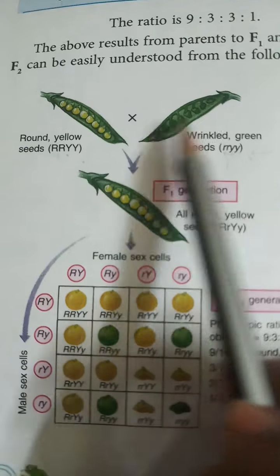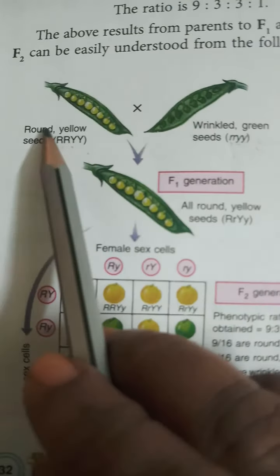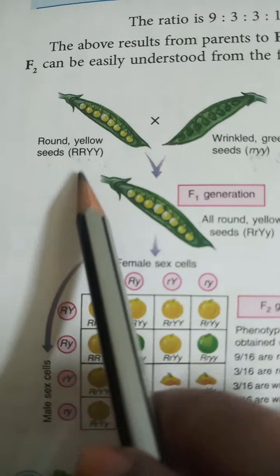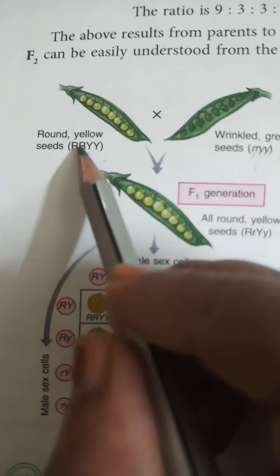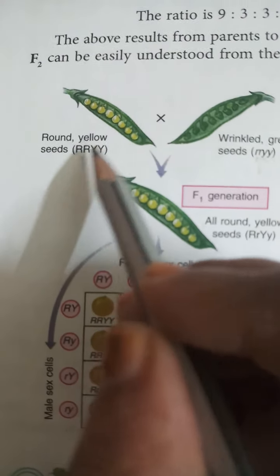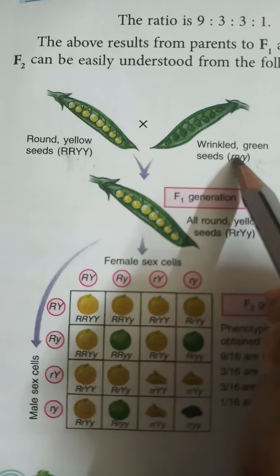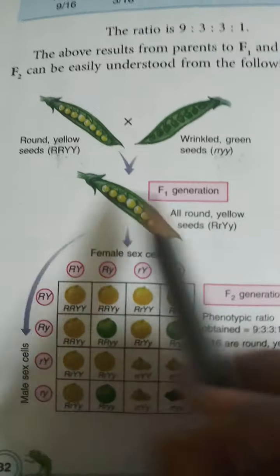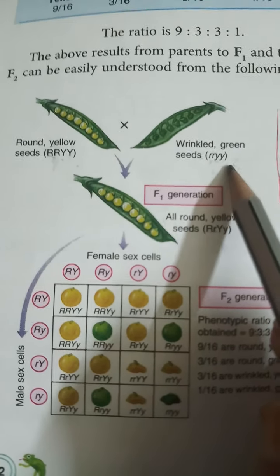Here it is cross pollinated. The F1 generation was capital R paired with small r. We know that during meiosis, haploid division occurs and these pairs get separated. So the capital R combined with the small r, and capital R from the male and female, when they combine, give capital R, small r and capital Y, small y from the female.